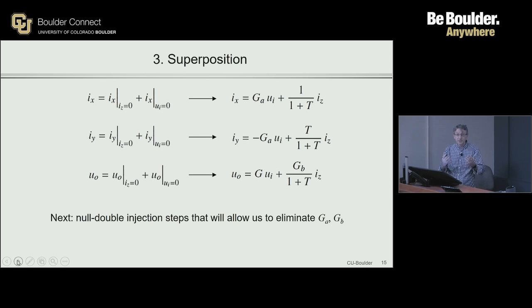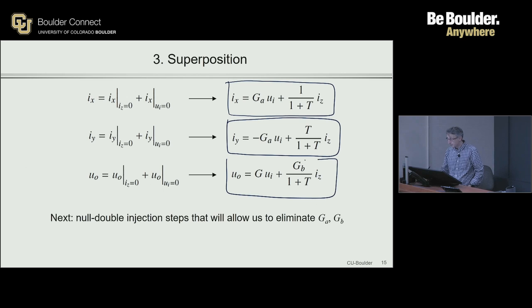Now, it is a linear time invariant system, so we can certainly write these contributions together and say that in the presence of both independent signals at the same time, we have these general expressions for IX, IY, and U naught given as superposition of the results we had in steps 1 and 2. So this is superposition, and it comes from steps 1 and 2. Okay? So far, so good.